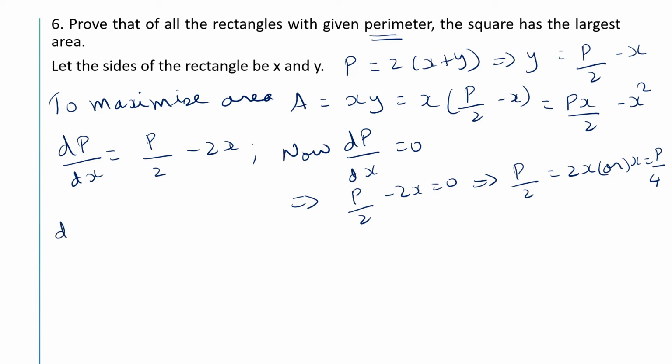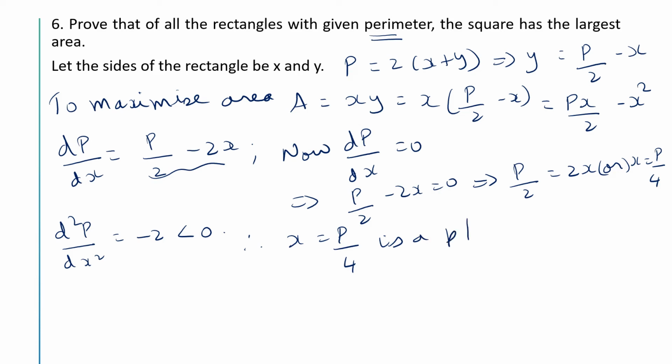Then we will find d square p by dx square. d square p by dx square, from this it is 0 minus 2, which is less than 0. So we can see that x is equal to p by 4 is a point of maxima.